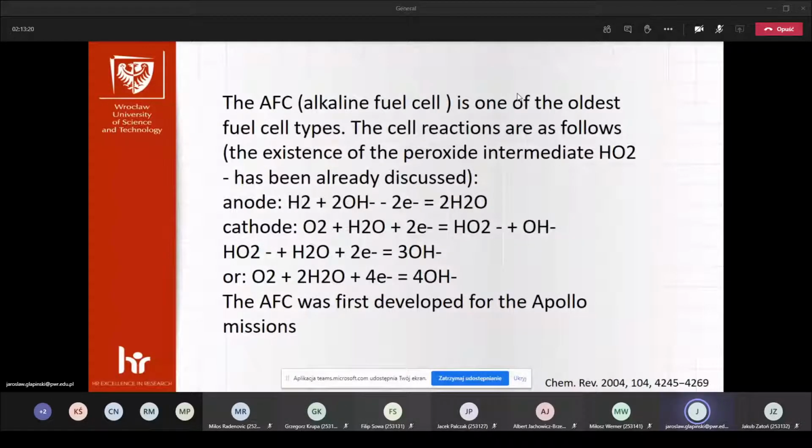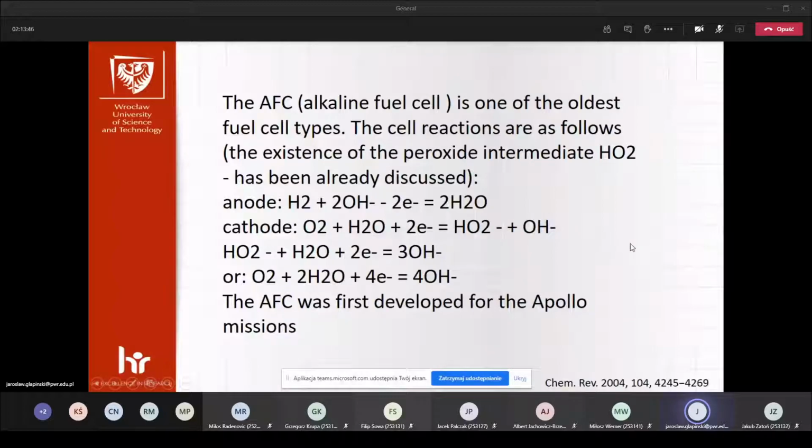So this is the equation, the chemistry of the process. Hydrogen, which is stripped of its electrons, goes to water. On the cathode we've got oxygen and electrons, and it goes to ions.